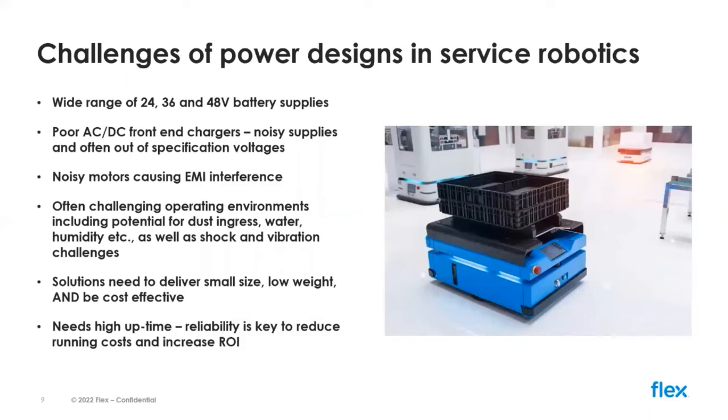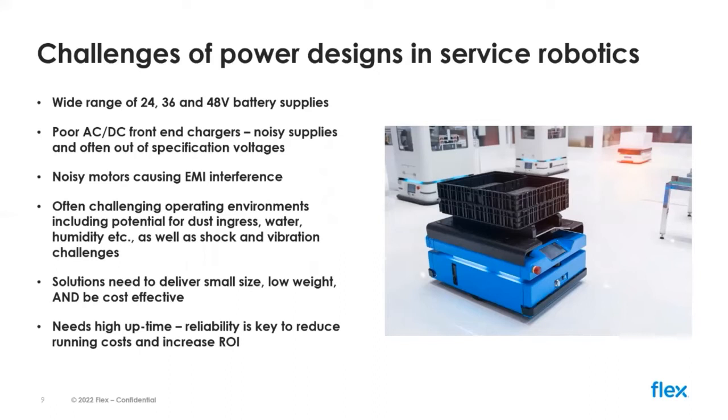So looking a bit more into detail of the challenges that we've seen when it comes to these service robots, basically, as you see on the right-hand side in the example here, these autonomous mobile robots, AMRs, are battery-driven, and the range of batteries used varies from 24 volts to 36 volts to 48 volts.